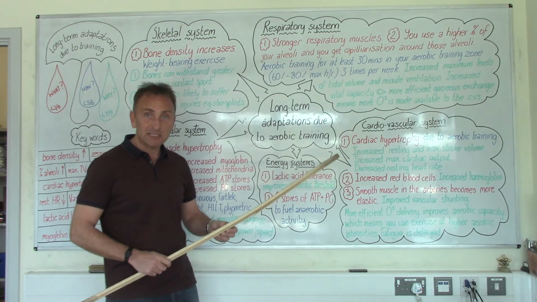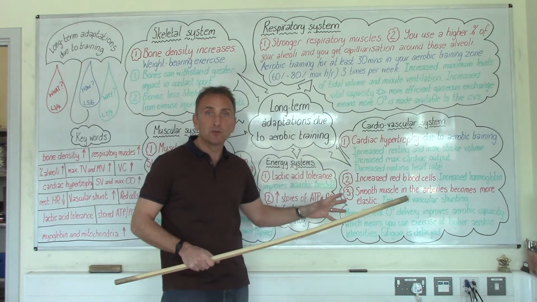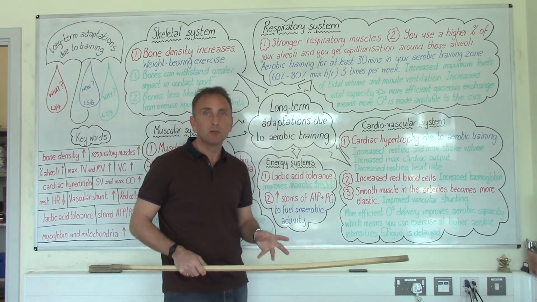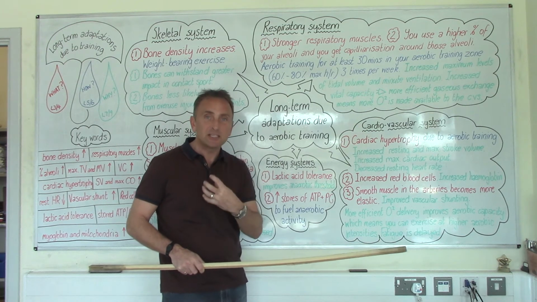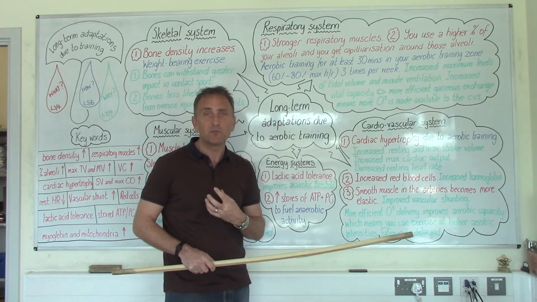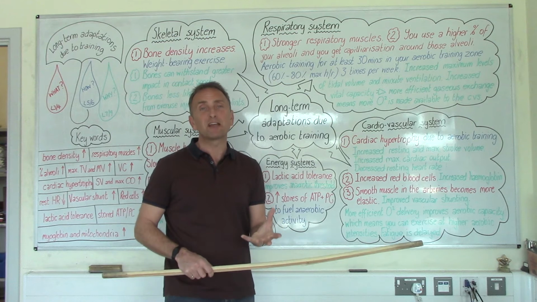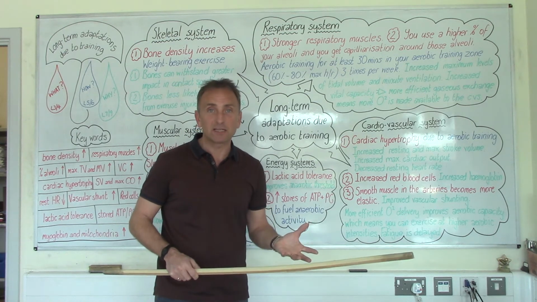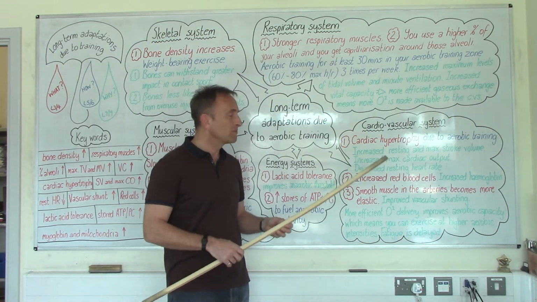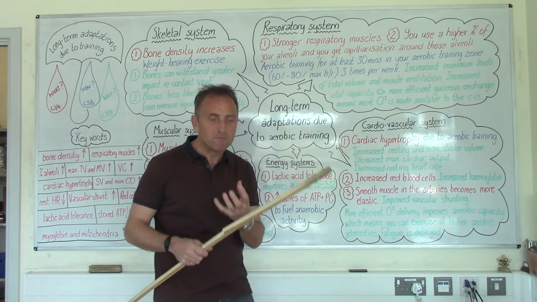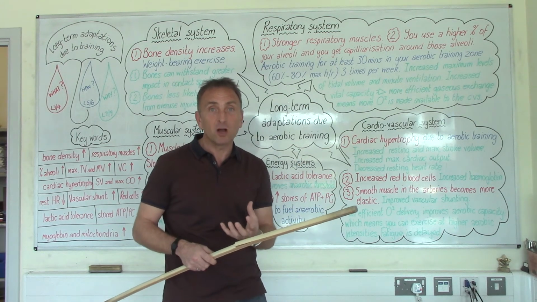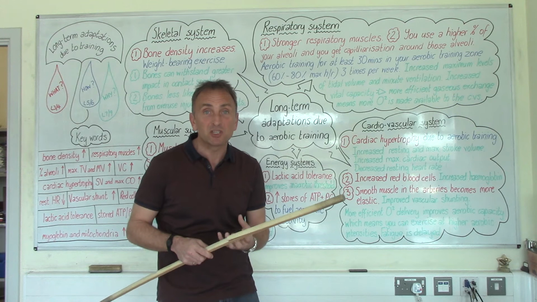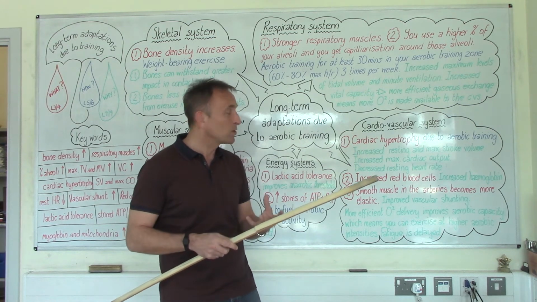Your cardiovascular system then, that improves due to aerobic training as well. So the oxygen that you got into your body via respiratory improvements can be delivered more effectively due to cardiovascular improvements. So cardiac hypertrophy, the actual muscle of the heart, gets bigger and stronger. What does that mean?